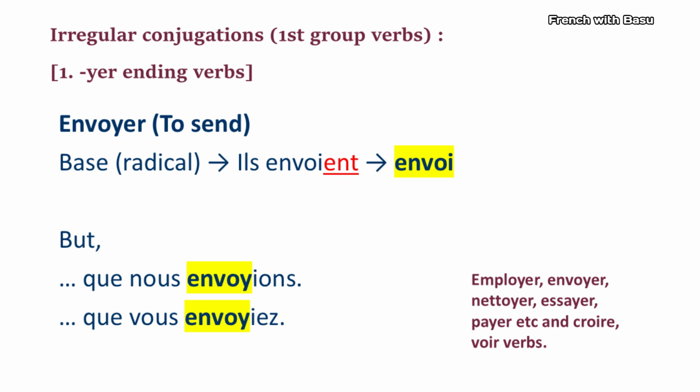Envoyer, to send. The radical is envoi, which you can use with all the other subjects except nous and vous. Que nous envoyons, que vous envoyez. You see, the radical is envoy, not envoi for nous and vous.